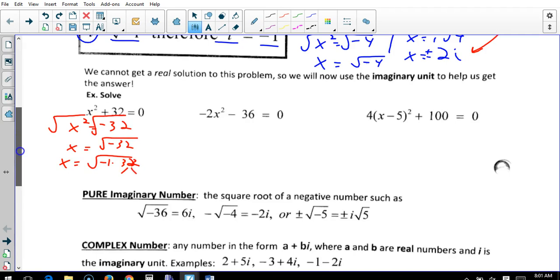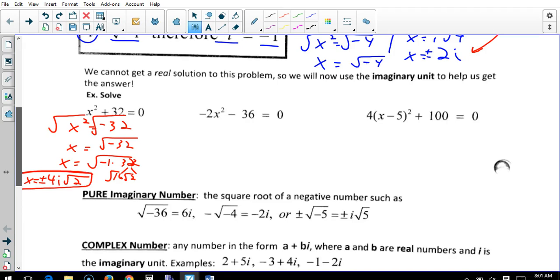And then remember, this breaks down to 16 and 2, technically square root. So the 16 is going to come out. We always put plus or minus when we're doing equations. So the 16 comes out as a 4, and the negative 1 comes out as an i, and what's left inside? The 2. And that's our answer.